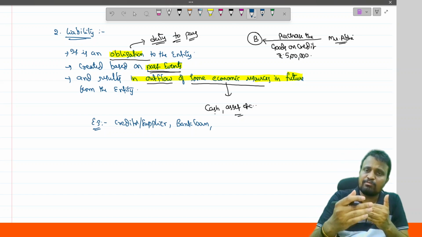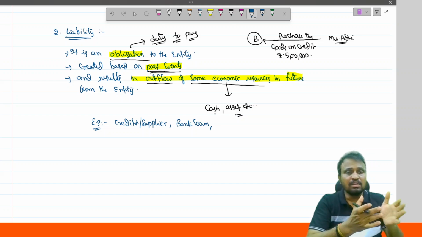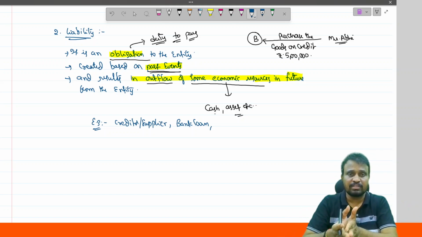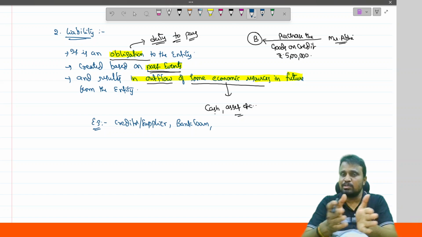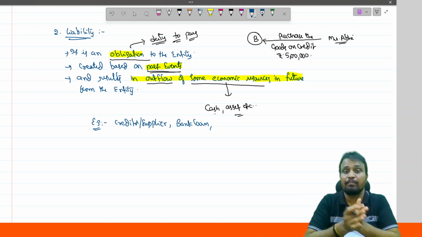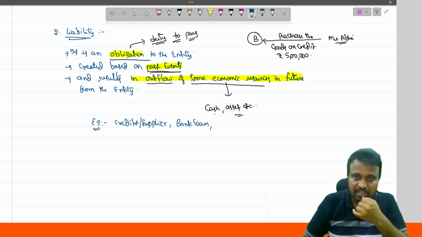Sometimes the company has a policy of paying salaries on the 5th of the next month. For example, January month salary is payable on 5th February, February month salary on 5th March, and March month salary on 5th April. But we close the books of accounts on 31st March every year.